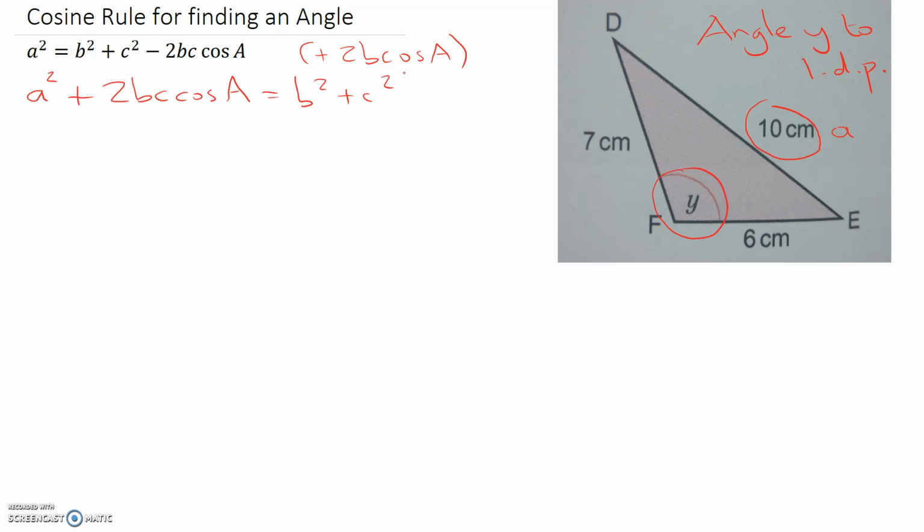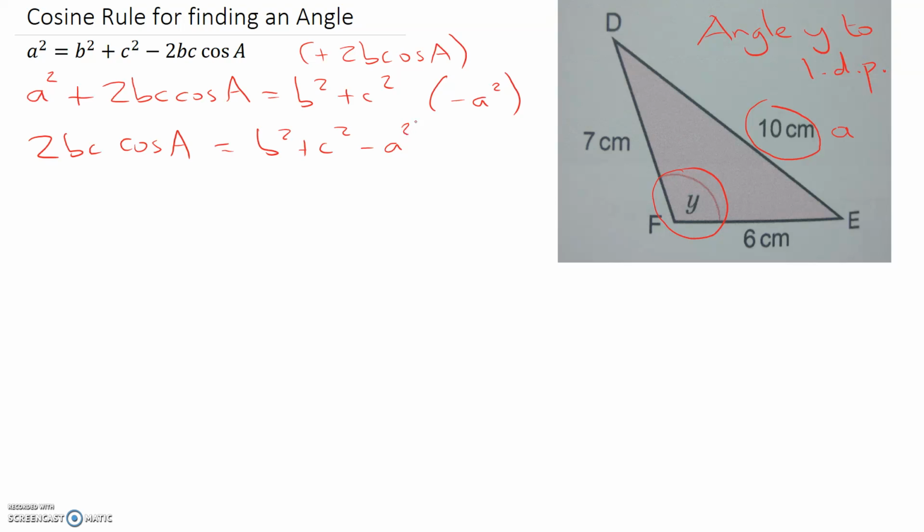Now I need to isolate the cos a term, so the next thing we'll do is take away the a squared term. So we get 2bc cos a is equal to b squared plus c squared minus a squared.